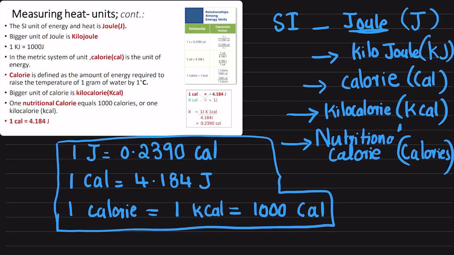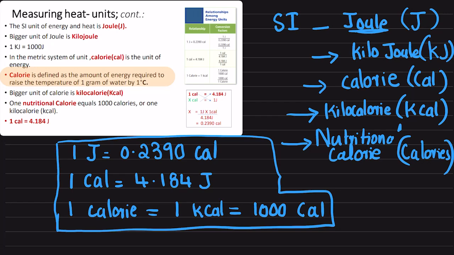Very important, this conversion. Before that, we need to know how you can define calorie. The calorie can be defined as the amount of energy required to raise the temperature of 1 gram of water by 1 degree Celsius. What is the condition for calorie?